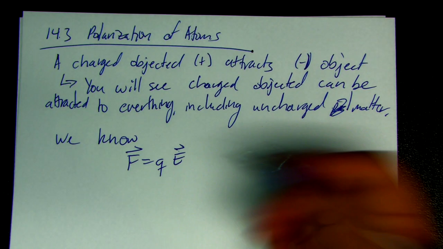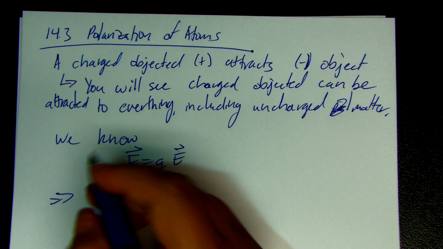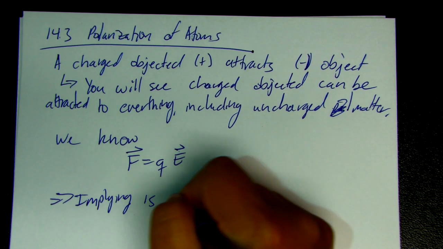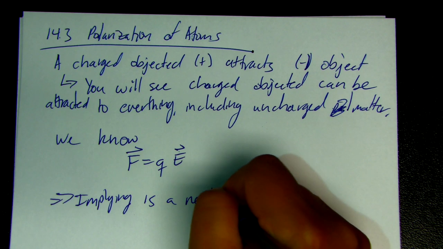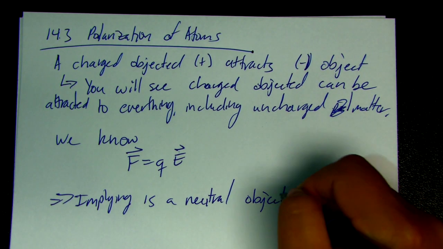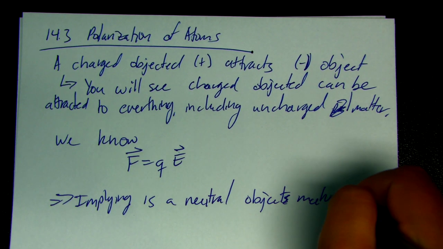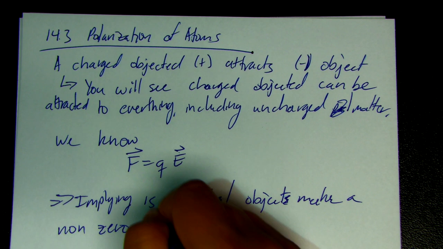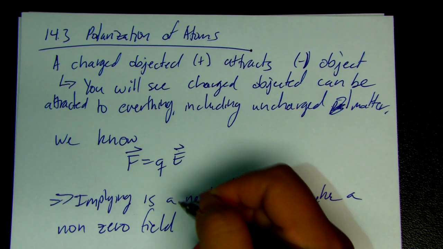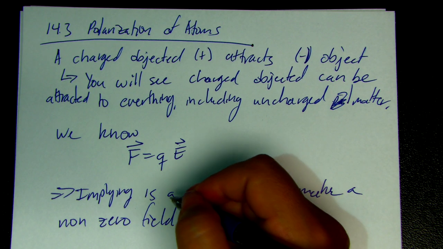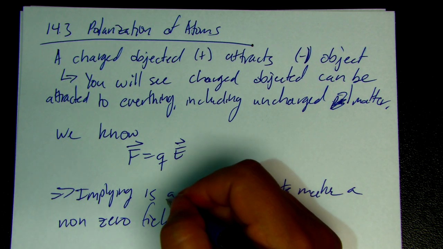So basically what this is implying is a neutral object makes a non-zero field. So we need to clarify exactly how this happens.